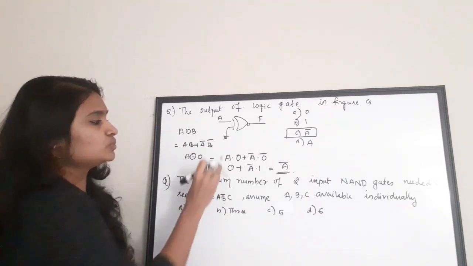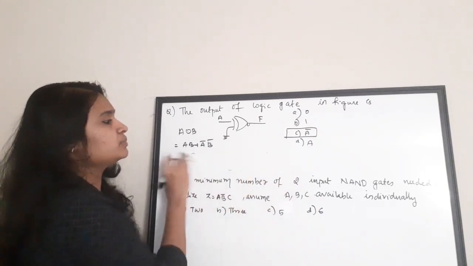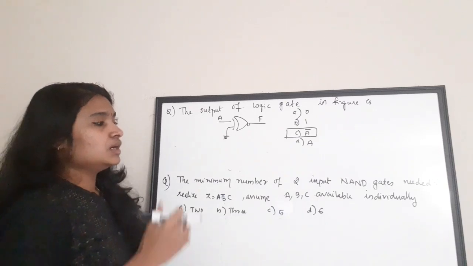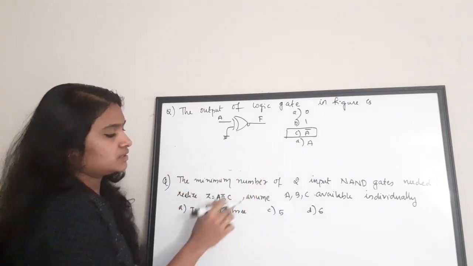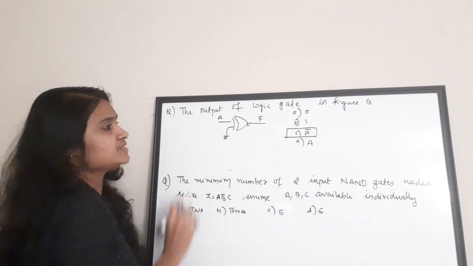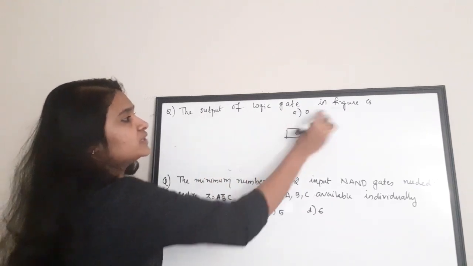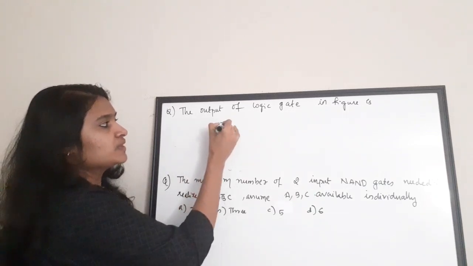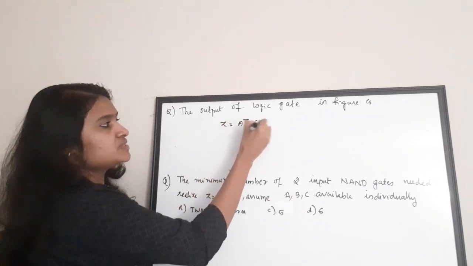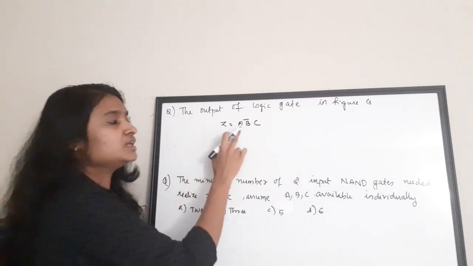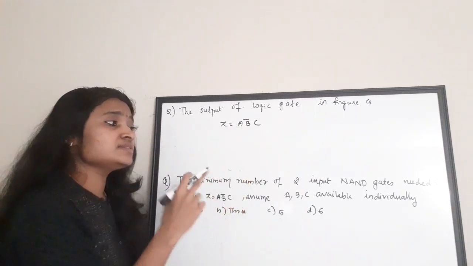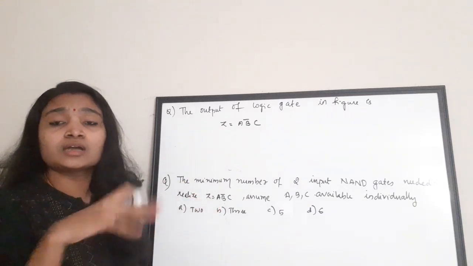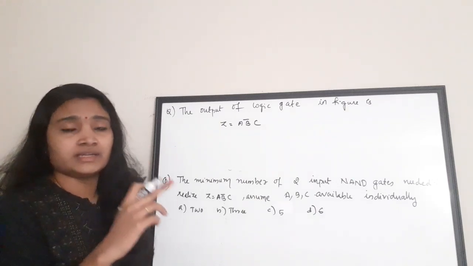Okay, what I'll do is I'll remove this and I'll try to write it above. So in order to realize this expression, what is the expression here? Expression is Z is equal to A into B bar into C, right? We need to realize this using NAND gates. NAND gates means they are actually an AND gate plus a complementary gate, that is a NOT gate, right?